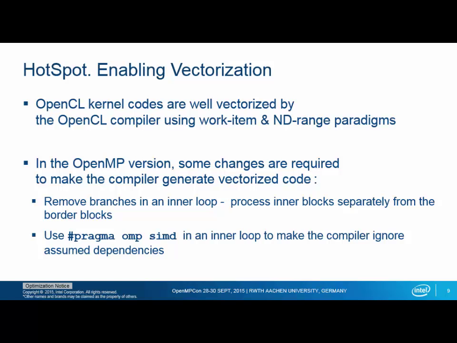While in the OpenMP version, we found that there are some branches in the inner loop that were targeted to process boundaries of the matrix. Our solution was to separate the boundary processing and the internal area processing. We just created a separate loop for boundary processing.